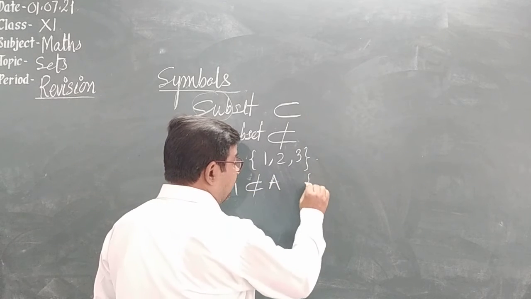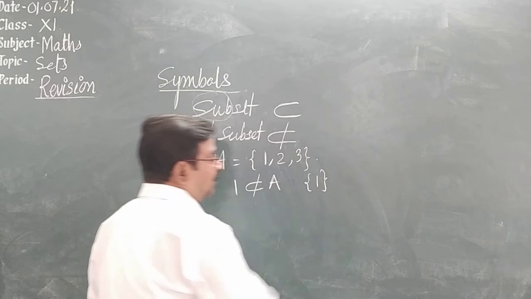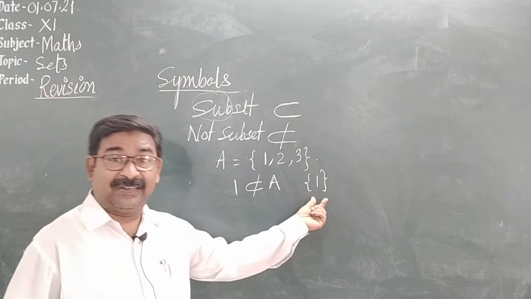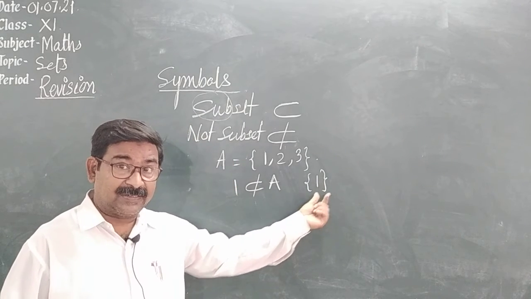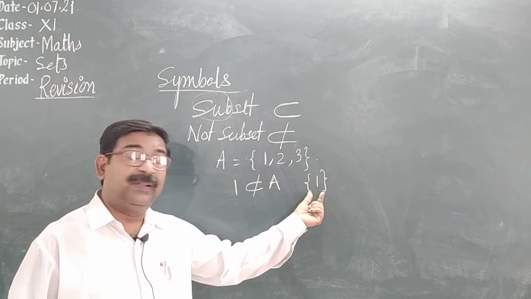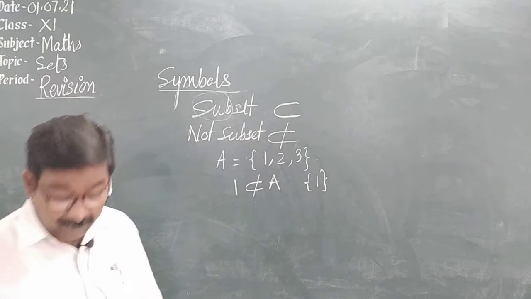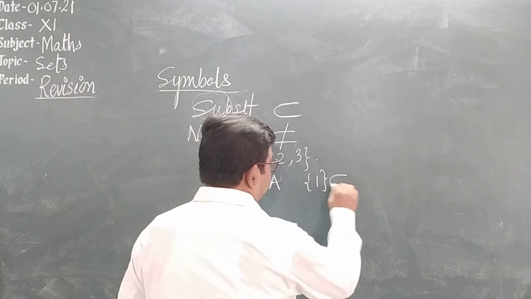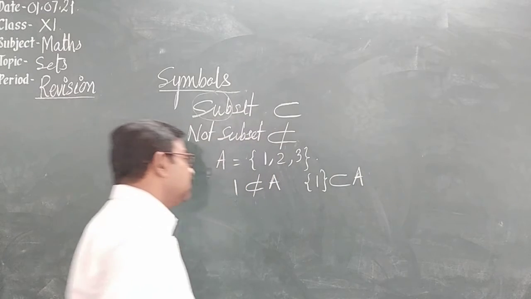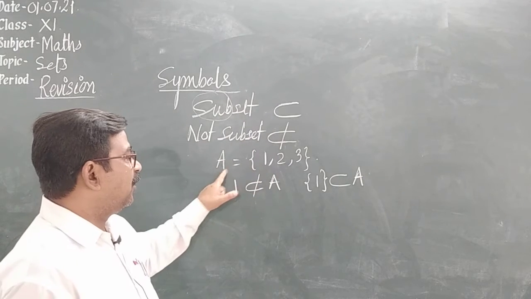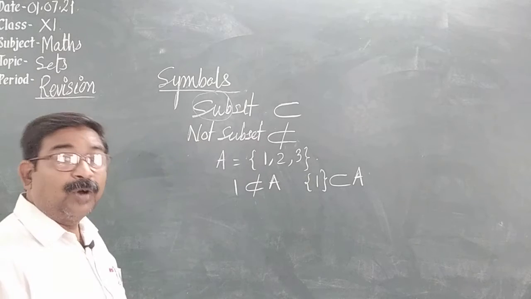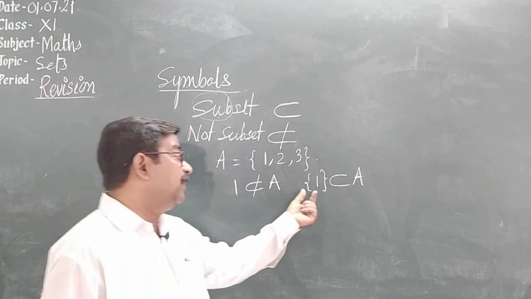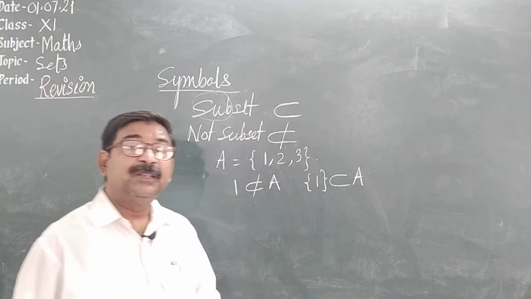But if we write this in brackets, now this is a singleton set. A single element, when written in curly brackets, becomes a set. Now it is a subset of A, because this one is found in the set. So unless we write the element in brackets, it will not be a subset.